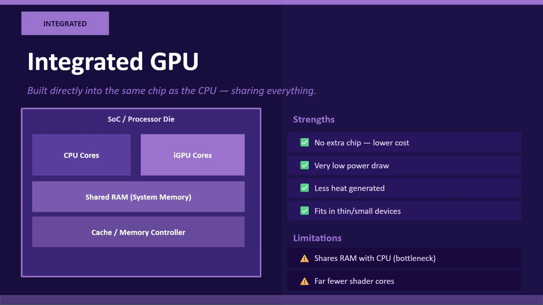One of the advantages of the integrated GPU is that it is cheap and uses very little power, and it is small enough to fit into a cell phone or laptop. What is the disadvantage? Because of the shared memory with the CPU, it can become a bottleneck, and you just don't have many cores dedicated to the task.